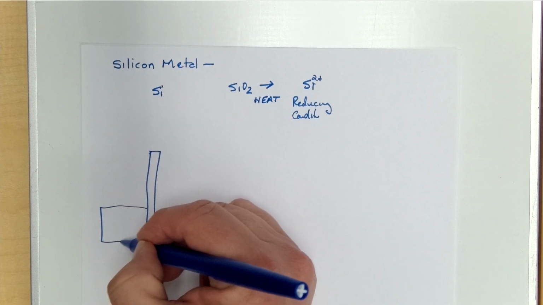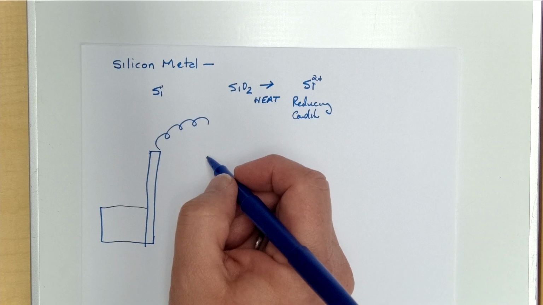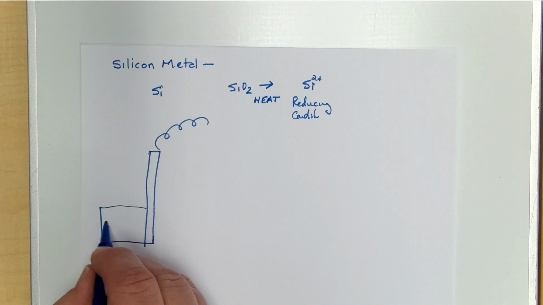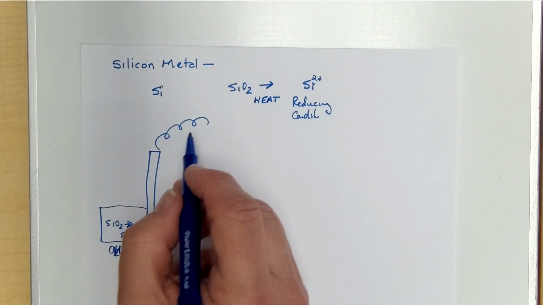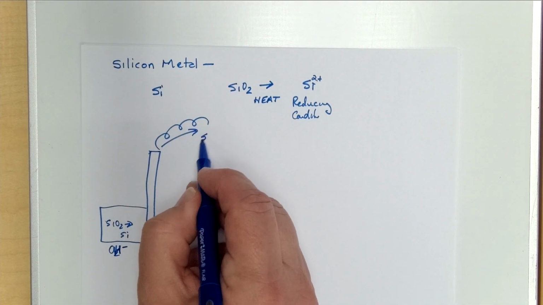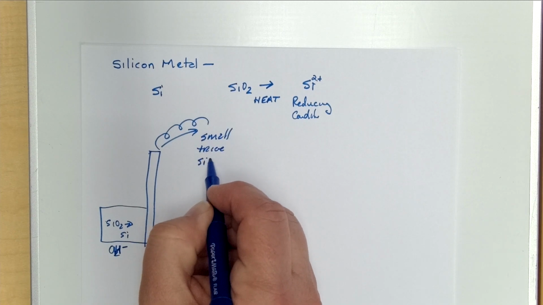You'll notice all of my pictures all look the same. And there's a smokestack. And we're taking our silica sand, we're converting it into silica, we're reducing, so we're probably making hydroxyl in the solution. And coming up this smokestack is small trace silica.